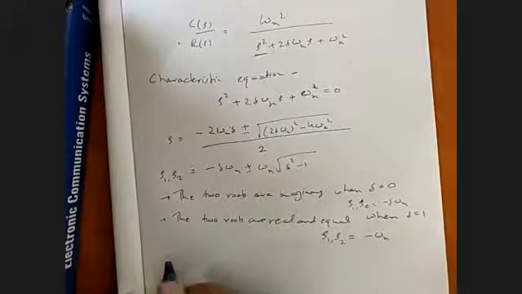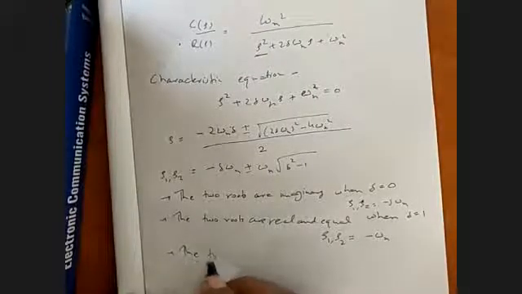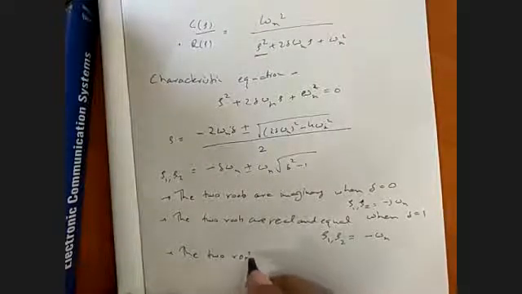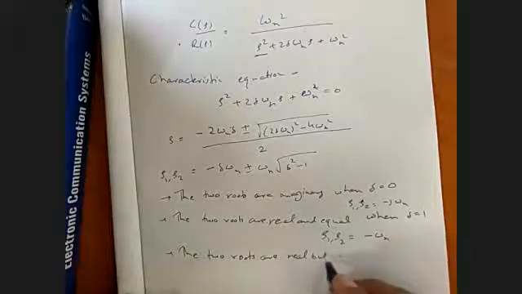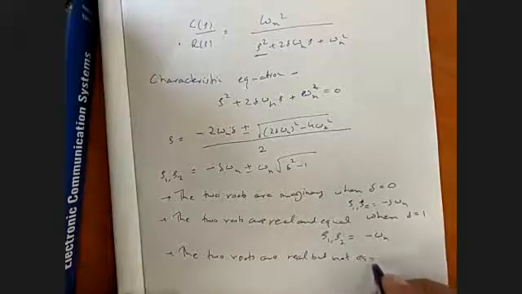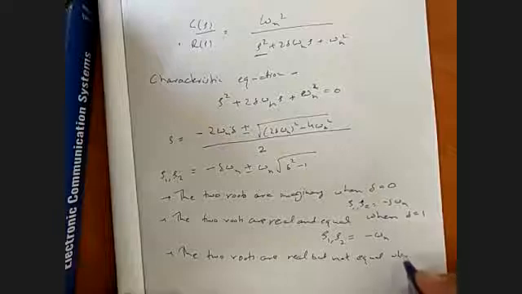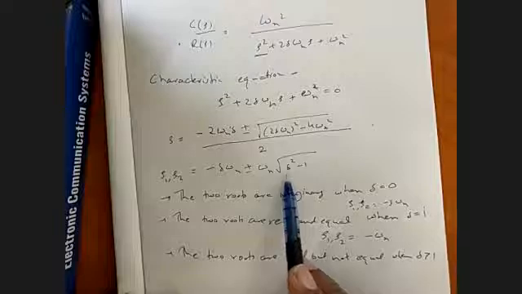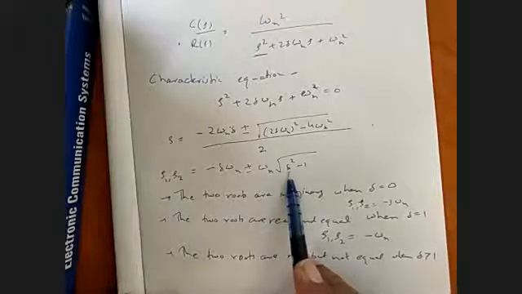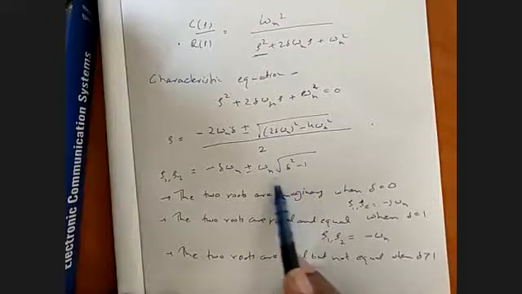And the two roots are real but not equal when delta is greater than 1. When delta is greater than 1, delta square minus 1 will be more than 0, so this will be a positive term.